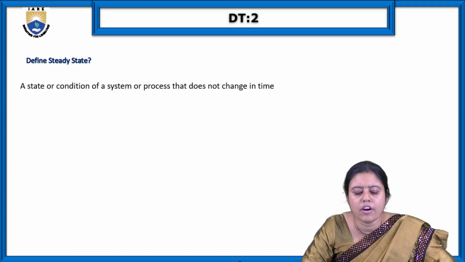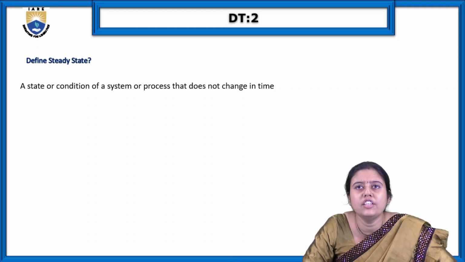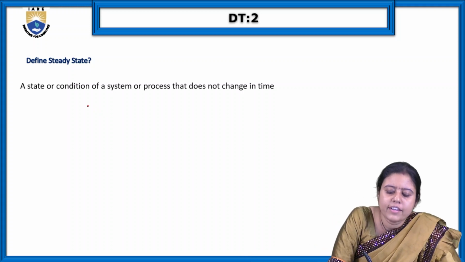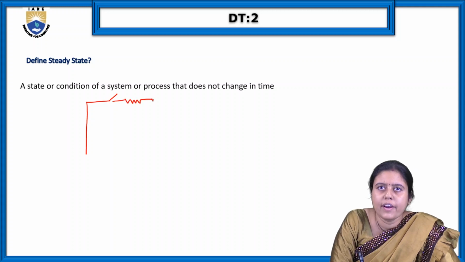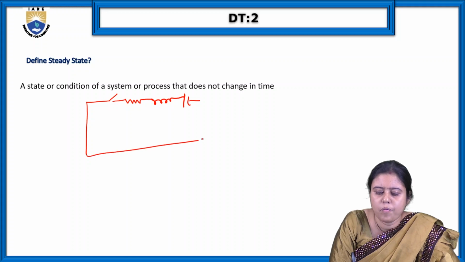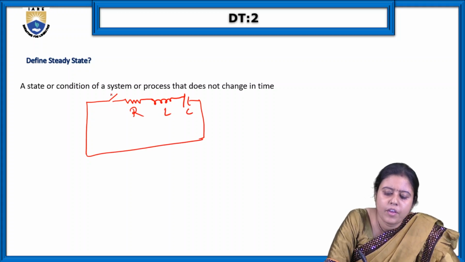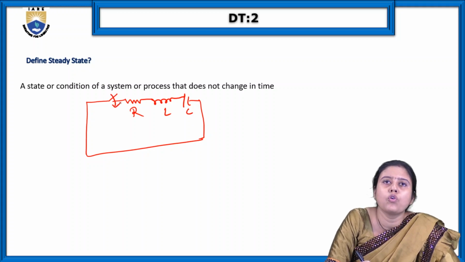Next question. If we have transient, what is the steady state condition? A state or condition of a system or process that doesn't change in time. Say we have again one switch, one R, L and C. The switch is in the closed condition.